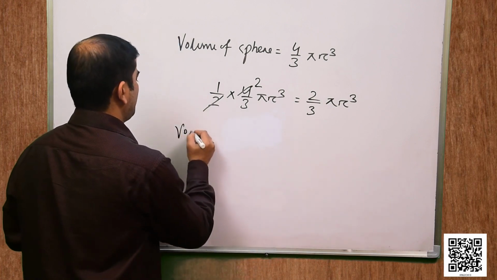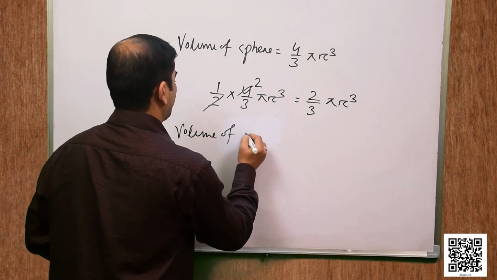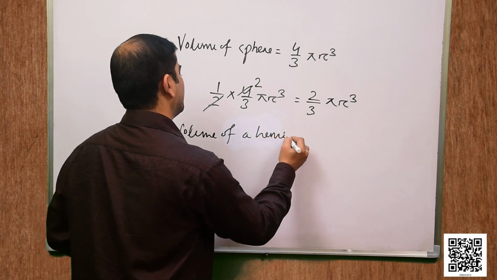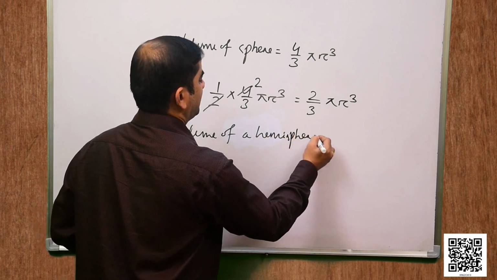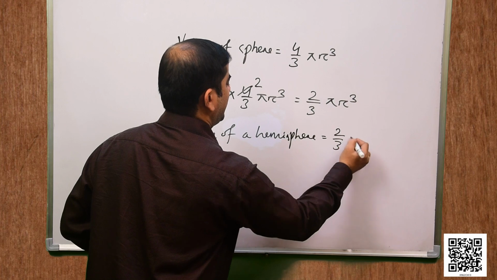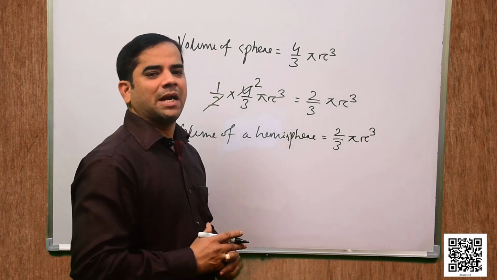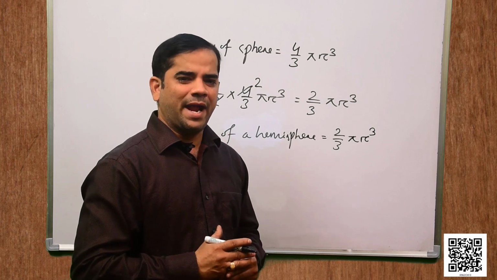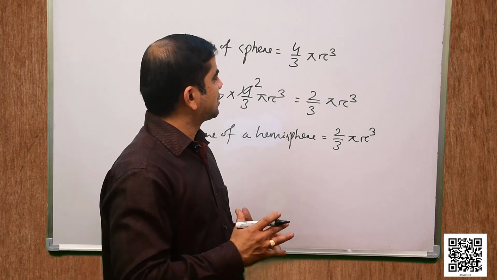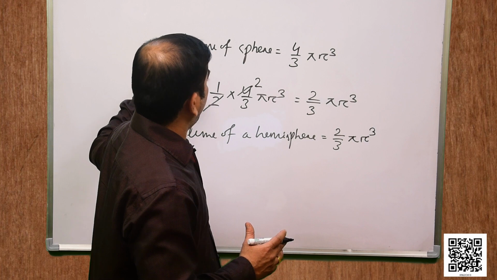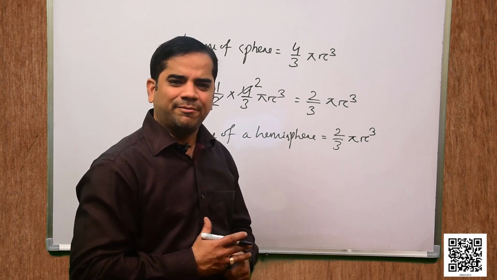So, volume of a hemisphere is equal to 2 by 3 pi times cube of the radius of that particular sphere. Hope you understood the formula for sphere and hemisphere.